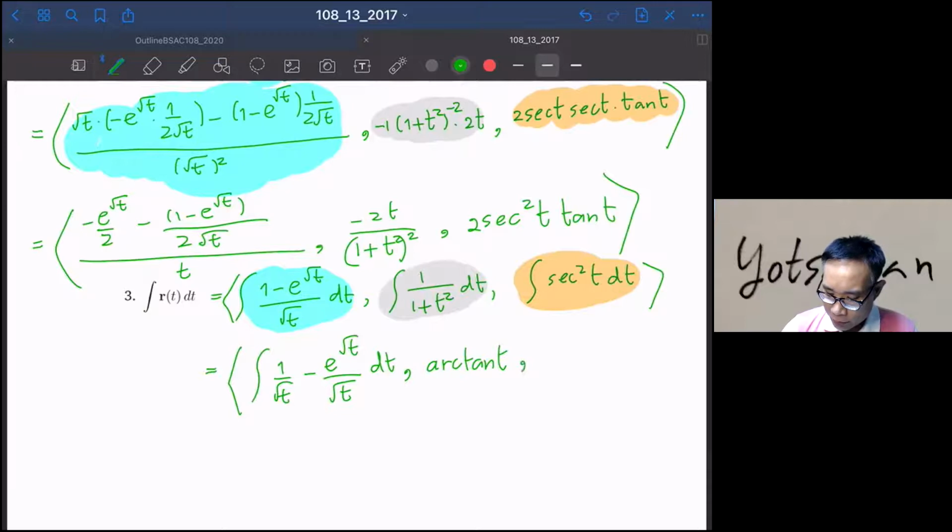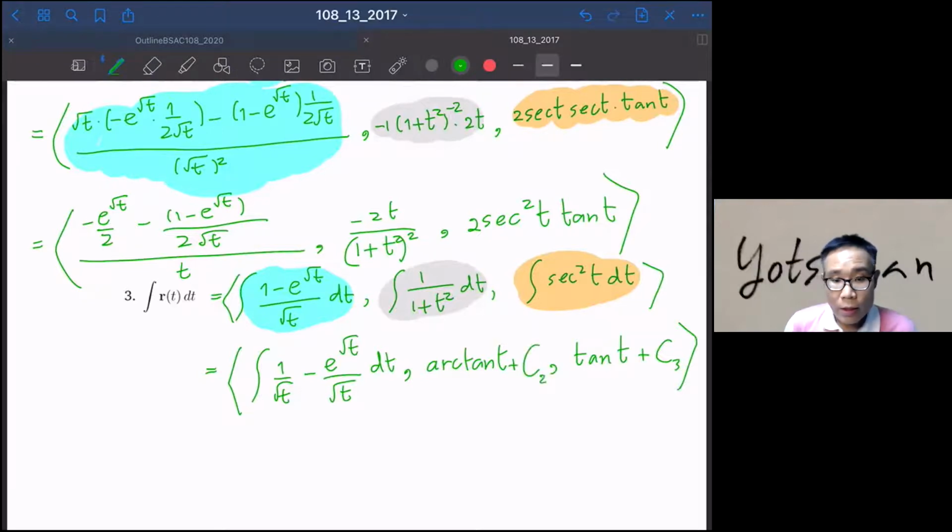When you integrate, you add a constant. I'm not going to use the same c because they come from different functions, so it's plus c1, c2, and c3 respectively.